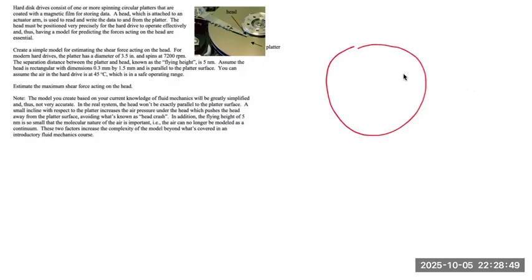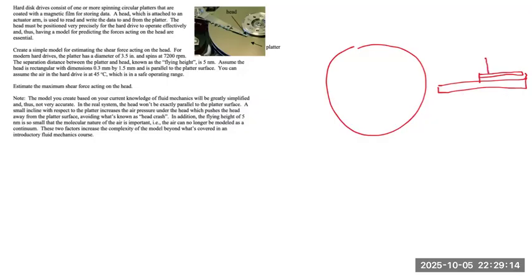And the separation distance between the platter and the head is 5 nanometers. So if we're looking at the plate from this perspective, let's say that this is the plate. Then the separation between the head, which is this one, and the plate, this gap, is going to be 5 nanometers. Assume the head is rectangular.